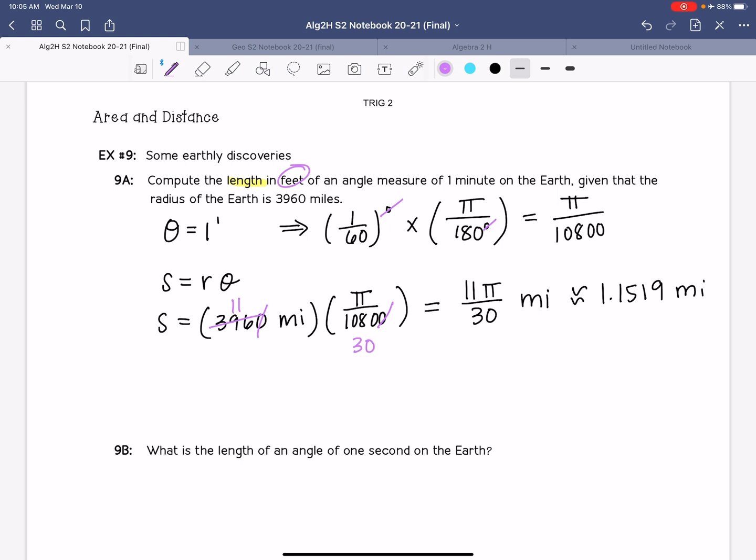So we're going to take our 1.1519 times how many feet are in a mile? 5,280 feet in a mile. So multiply those together and we get approximately 6,082.032 feet. So it's approximately 6,082 feet.